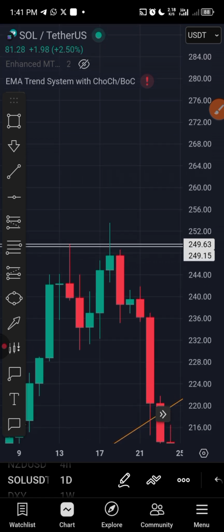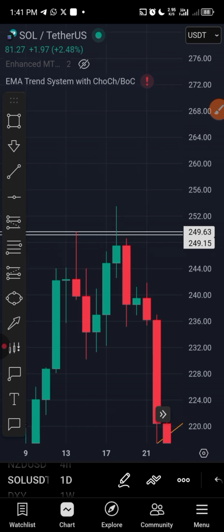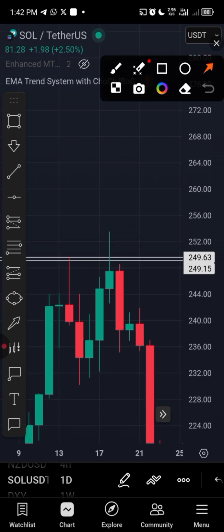Also, 60 seconds of candlesticks make up 1 minute. So in a 1 minute candlestick, when you expand it, you can see 60 candlesticks inside of it, which makes 60 seconds, right?